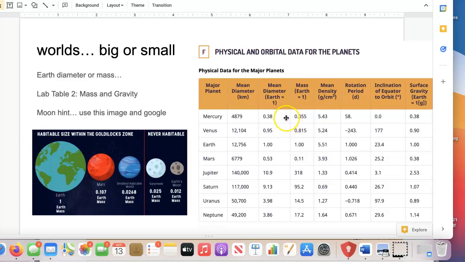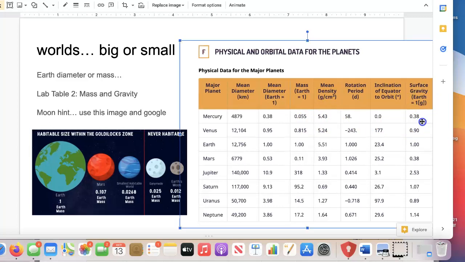We can look at the diameter of Mercury over here in terms of Earth diameter, but what I want you to look at is it in terms of mass. It turns out that Mercury is 0.05 the mass of Earth, and then we can also look over here at the end at the surface gravity. The gravity is related to the mass.